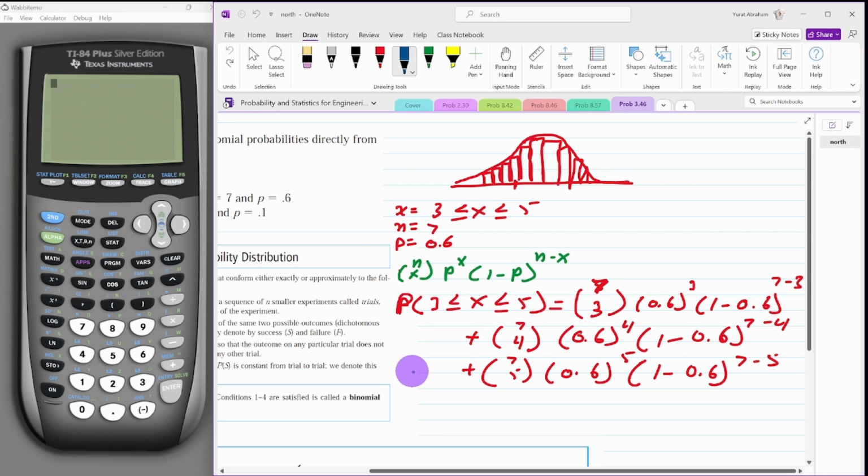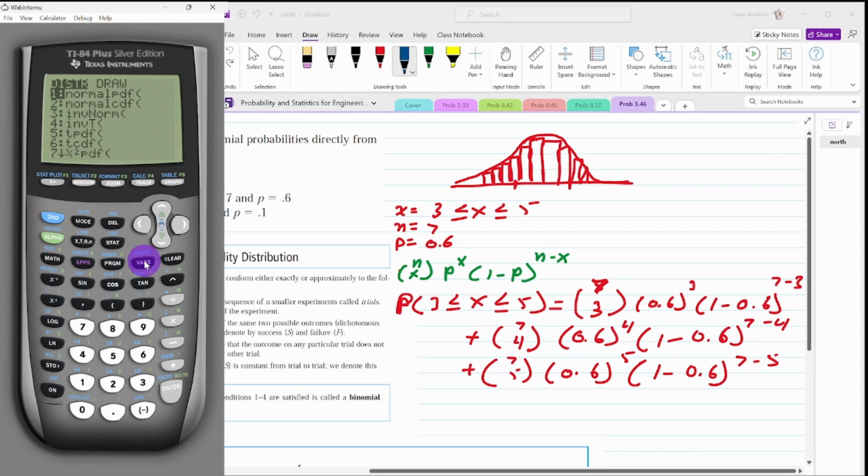Now in the calculator, we're going to do the following. We're going to go to second distribution, which is vars, and we're going to look for binomial PDF. Press enter, and the trial is going to be your n, which is 7.